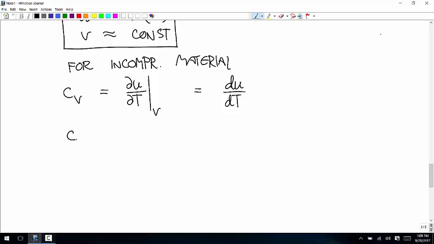And if you think of the constant pressure specific heat, that's the partial of enthalpy with respect to temperature at a fixed pressure. This is based on thinking, exactly the same way, that specific enthalpy is a function of temperature and pressure.